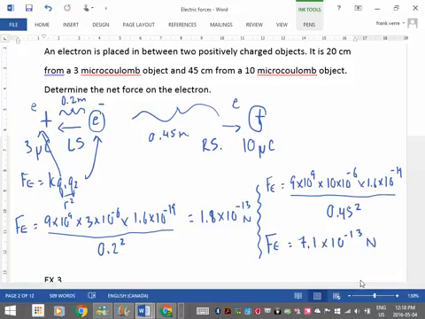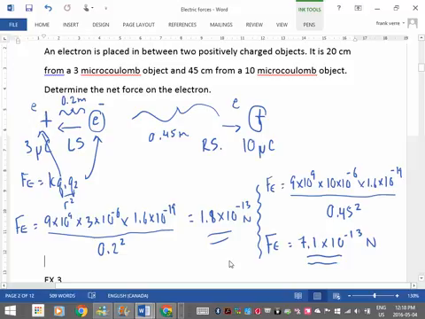So which way will that electron move then, right or left? On the right side we have 7.1. On the left side we have 1.1. So the net force would just be the sum of those two, right?